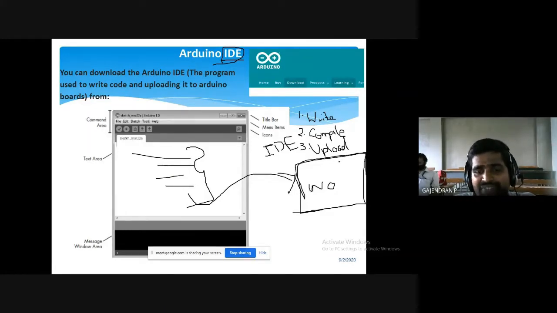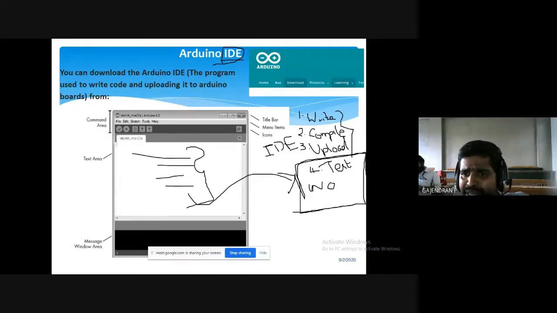These are all the different terminologies used by embedded engineers. All three tasks, and also the fourth task I mentioned, which is test. You can test your code in a limited way using this IDE. So all the things are integrated in one software. Therefore, it is called an integrated development environment.